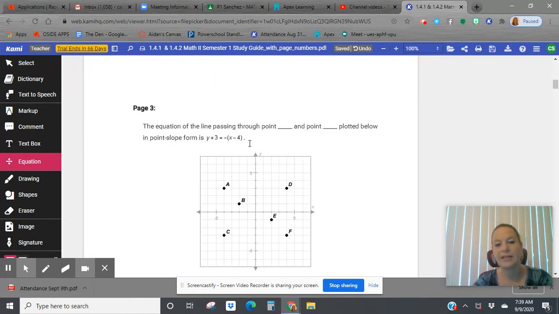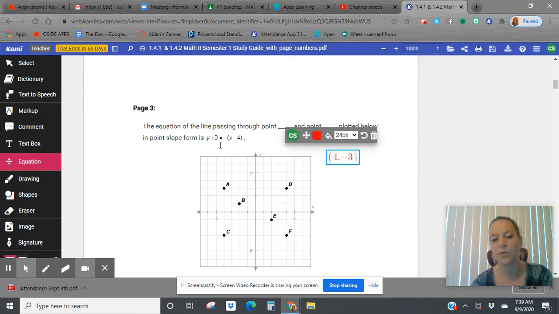The equation of the line passing through this point. So here I'm given a formula and I'm being asked to pull out what point would be from this. So I'm going to go ahead and pull out the point 4, comma, negative 3. So 4, negative 3 is embedded in this formula because x minus 4 means it's a positive 4. y plus 3 means it's a negative 3.